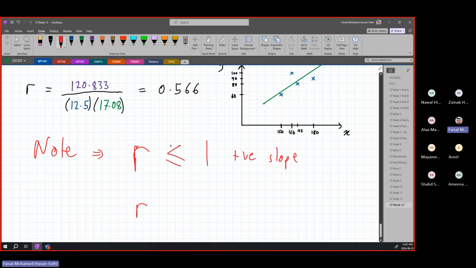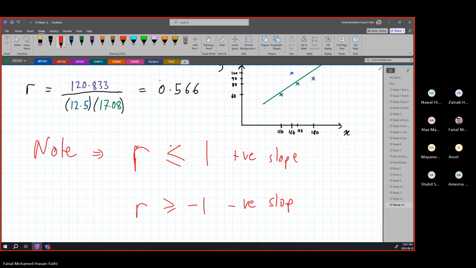And R has to be greater than or equal to minus 1 for a negative slope, okay? And in other words, between minus 1 and 1 for any type of slope.